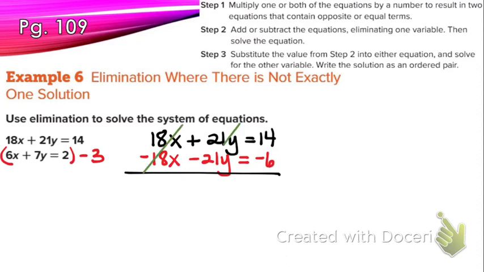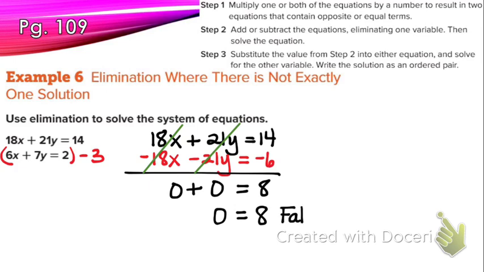This canceled out, and so did that. So we're left with, on this side, 0 plus 0 equals 8, or 0 equals 8. But is that true? Is 0 the same as 8? It's not the same. This is false. And just like Friday, whenever you have something that is false, when x and y cancel out, the system has no solution. So a false statement means it's no solution. The lines are parallel.